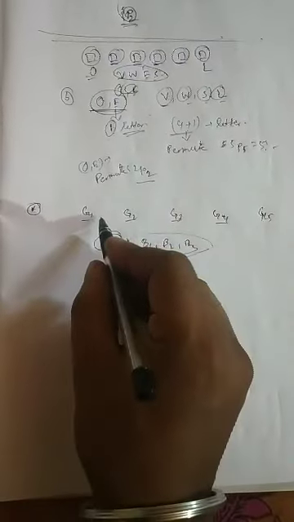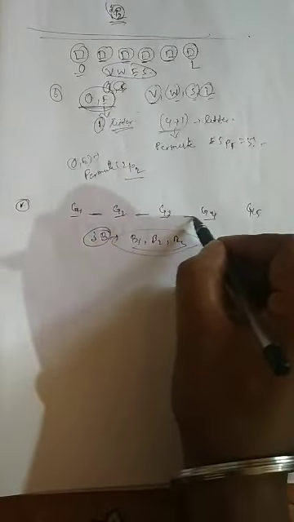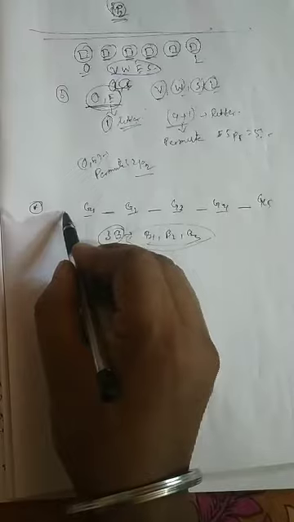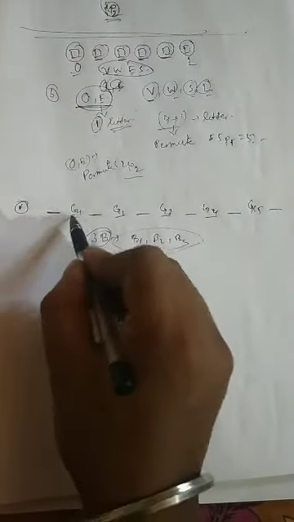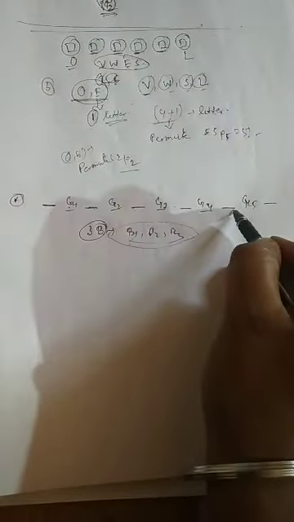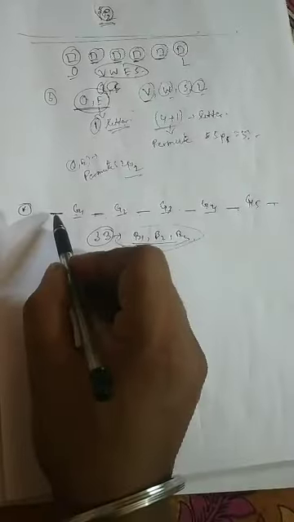Between 2 girls there are places: first place, second place, third place and fourth place. Also here and here, the far left and far right. So the total number of places around the 5 girls is 1 2 3 4 5 and 6. These 3 boys can sit in any one of these 6 places.